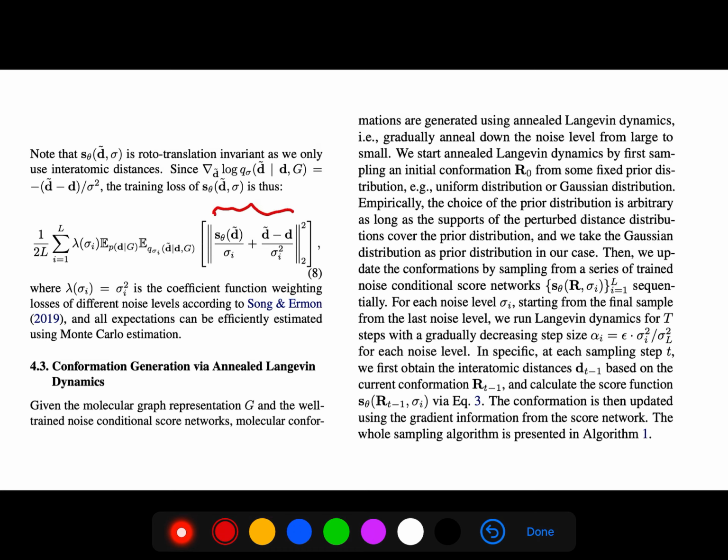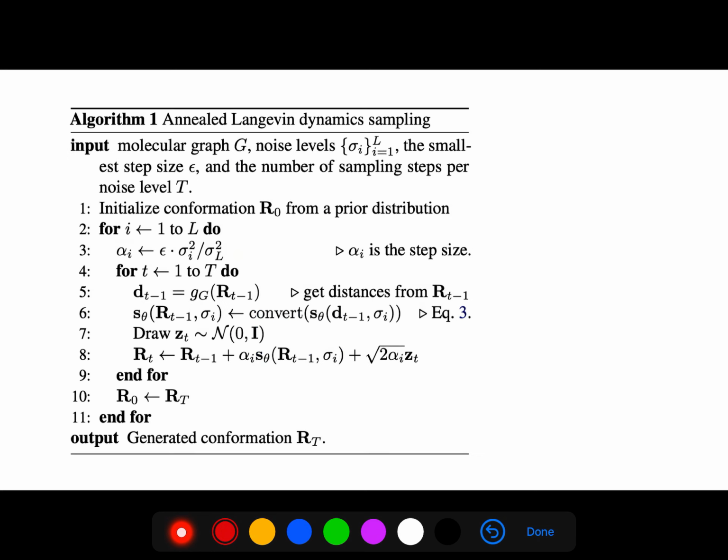Because the distances are continuous, you can approximate the true gradient easily. And so first you initialize the conformation. For example, this is the initial conformation, the angles, the distances, everything.